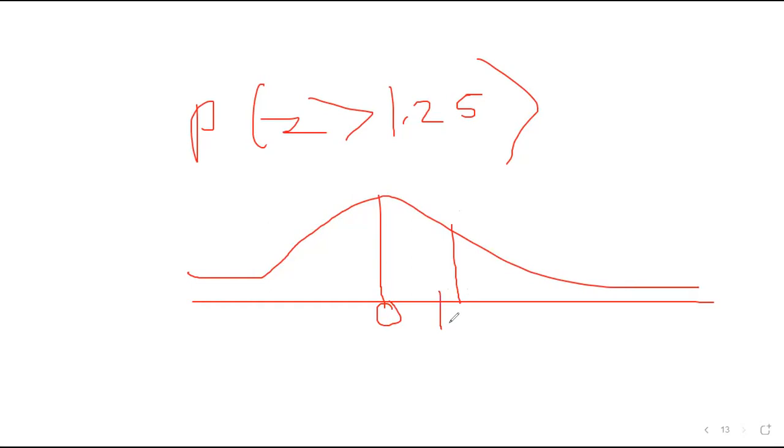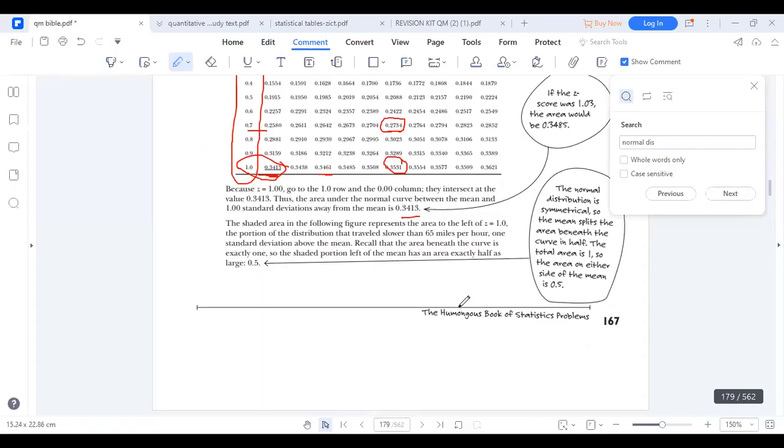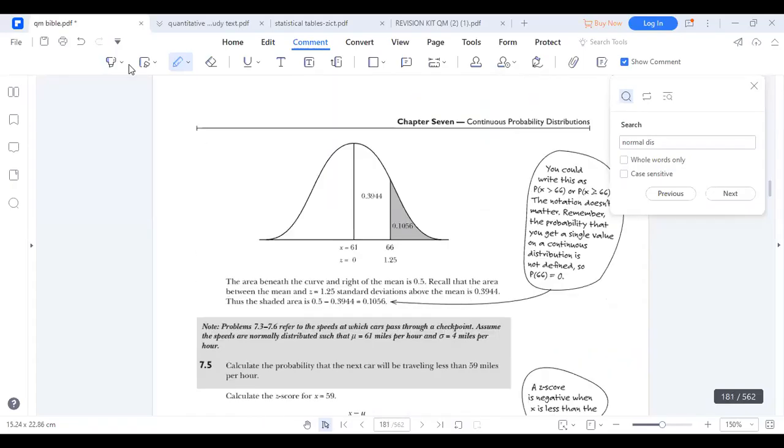Okay, so 1.25 is this area that you are looking for. So it will definitely be 0.5 minus the probability of 1.25 from the table. So from the table, 1.25, you get 1.2 and 5.